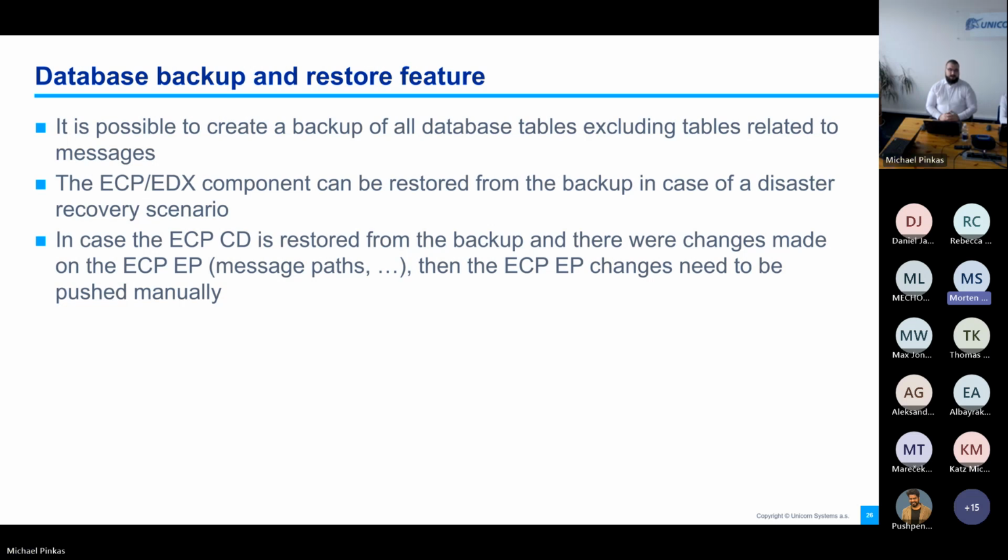I just have a follow-up question there. Okay, let's say you have a week-old backup of the endpoint and you restore it just like you did. Maybe there have been some changes in the network. Maybe some endpoints have changed their certificates, for example.